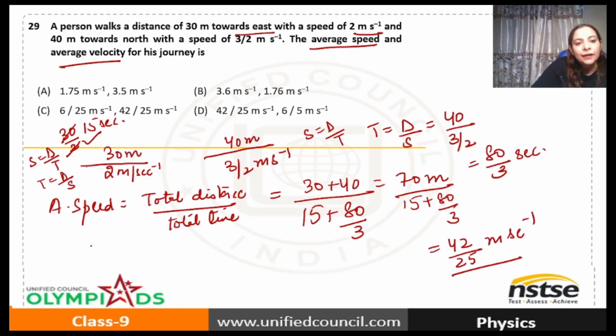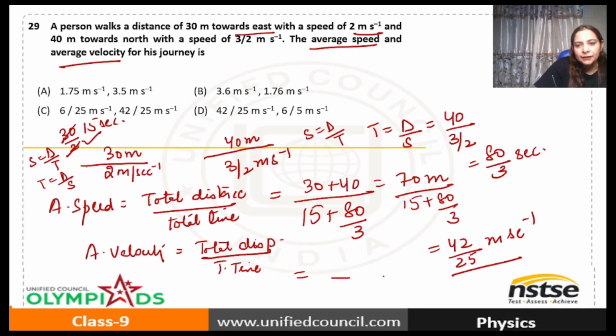Now we need to find average velocity. What is average velocity? Instead of distance, what do we write? Total displacement divided by total time. So total time will remain the same, that is 15 plus 80 by 3, and displacement we'll find out, like it is 30 in one direction and 40 in the other.